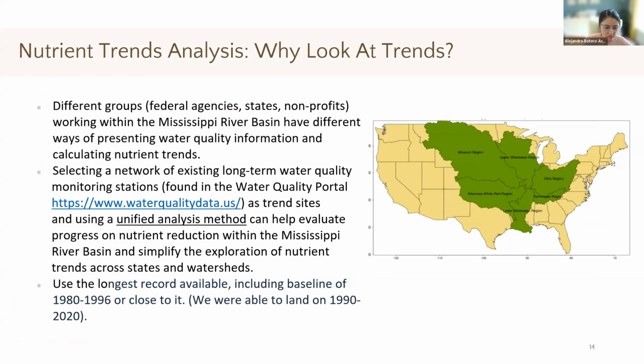And given the importance that trends analysis has to analyze the impacts of nutrient reduction strategies in basins that go across state boundaries, we wanted to implement a unified analysis method over the whole Mississippi River Basin using the longest period of records available for this. So we started with a baseline of 1980 to 1996, and we found that very few sites had data before 1990. So we landed in a trends period of 1990 to 2020.